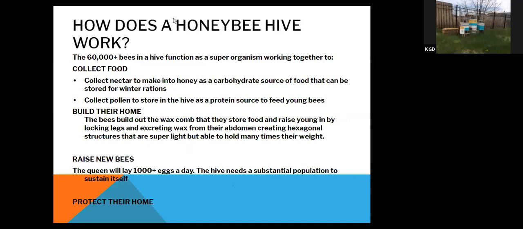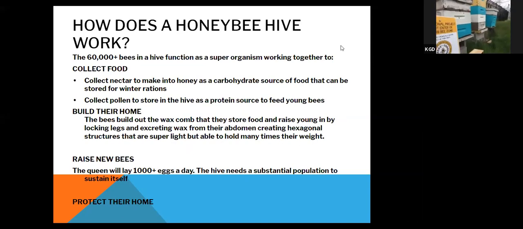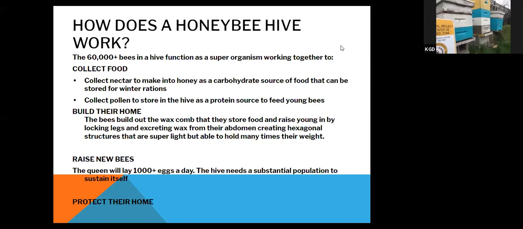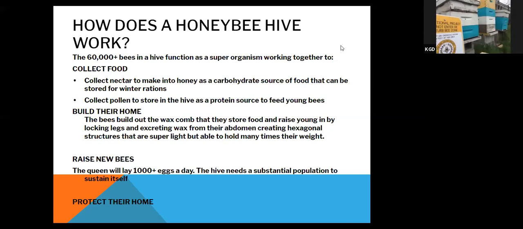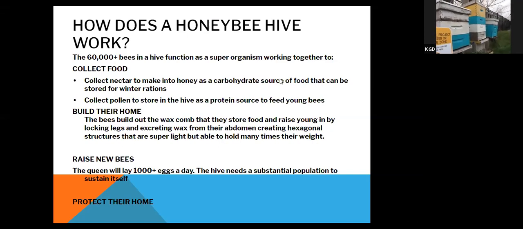When we get these bees, the ones that we just got, there were about 10,000 bees in that 3-pound package. But the average population of a healthy hive is somewhere around 60,000 bees. And they function as what is called a superorganism, which means that they cannot live without each other.